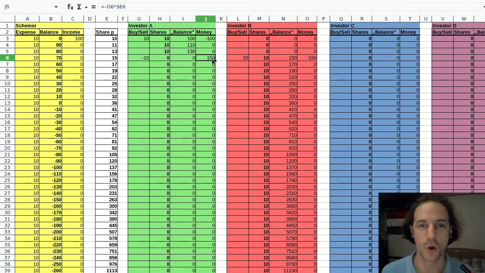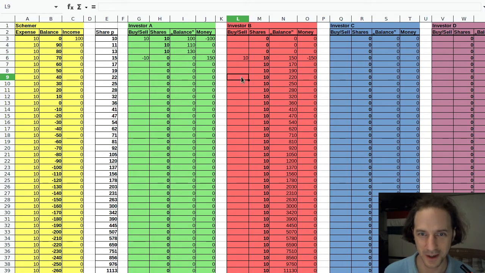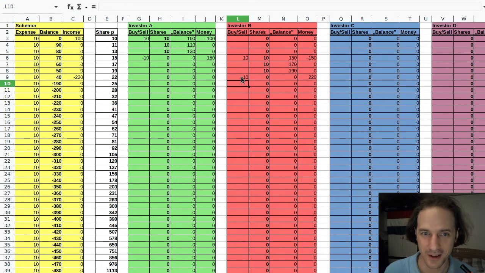And this is what was the original name of this scheme, robbing Peter to pay Paul. And this is because I rob Peter to pay Paul, because now I don't have enough. So when this guy comes back to redeem their 10 shares from me, I would have to pay them 220, but I only have 40.